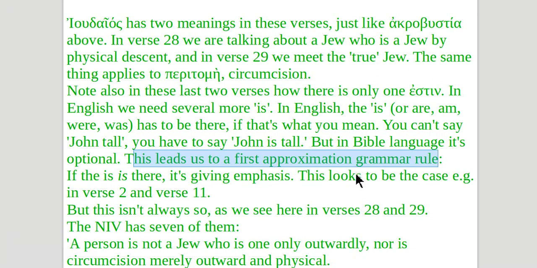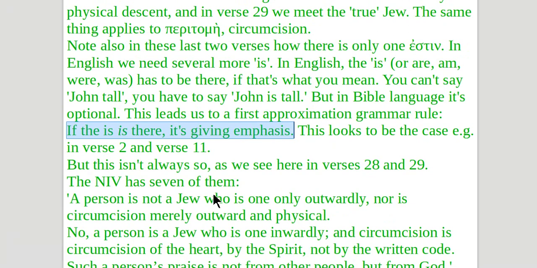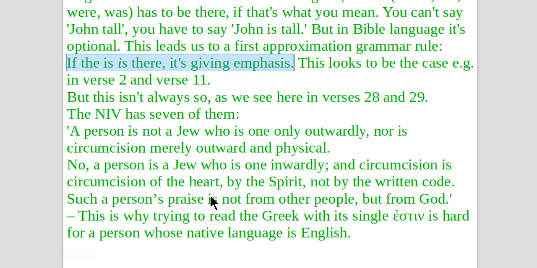So here we have a first approximation grammar rule. If the is there, it's giving emphasis. And this looks to be the case, for example, in verse 2 and verse 11. You can look back at those. But this rule doesn't always hold true, as I think we see here in verses 28 and 29.